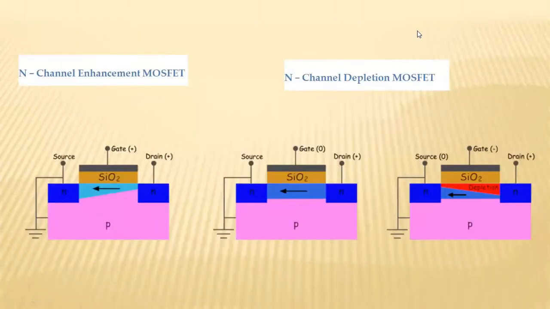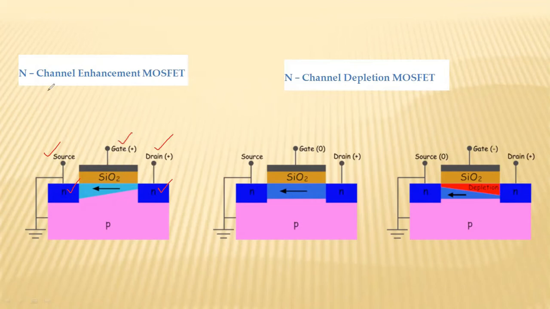We have seen the construction of the N-channel enhancement mode MOSFET, in which the substrate is of P-type material, and on both sides N-type impurities are diffused, which forms the source and the drain. Over the silicon dioxide in the middle region, metal is deposited, which acts as the gate terminal.